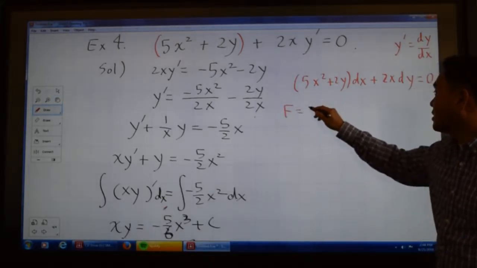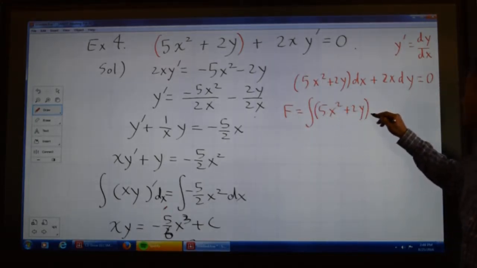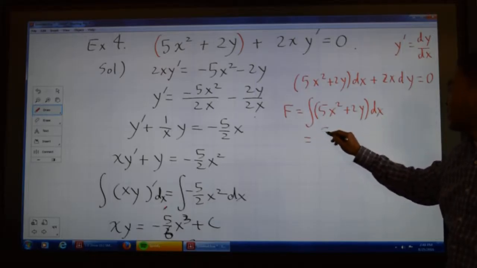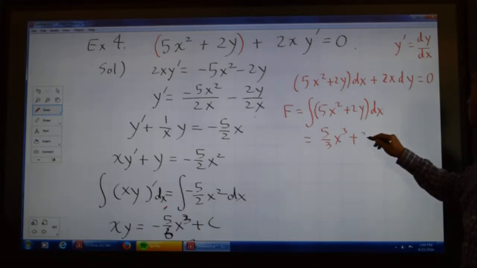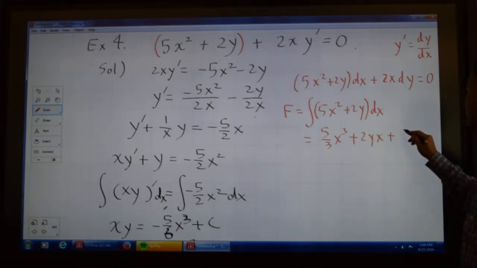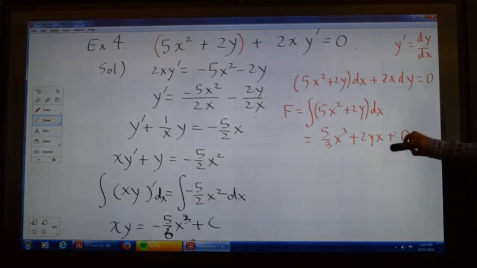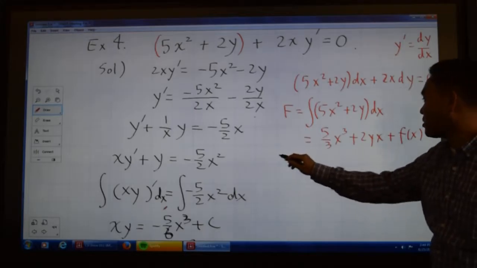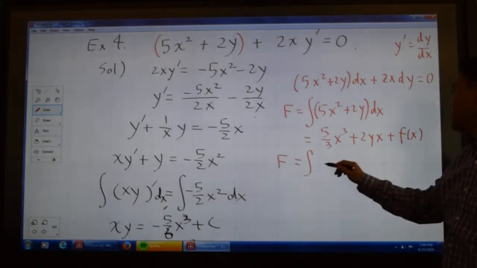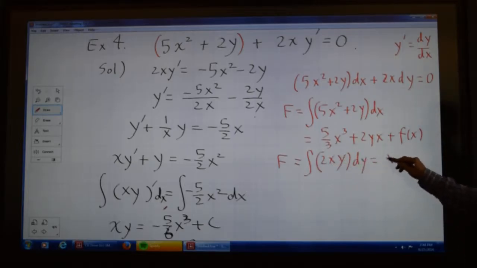Integrate 5x squared plus 2y by dx. That gives you 5 over 3 x cubed plus 2yx plus f of y. Sorry, I'm almost out of time, so I'll be really quick. Then you integrate 2x by dy.